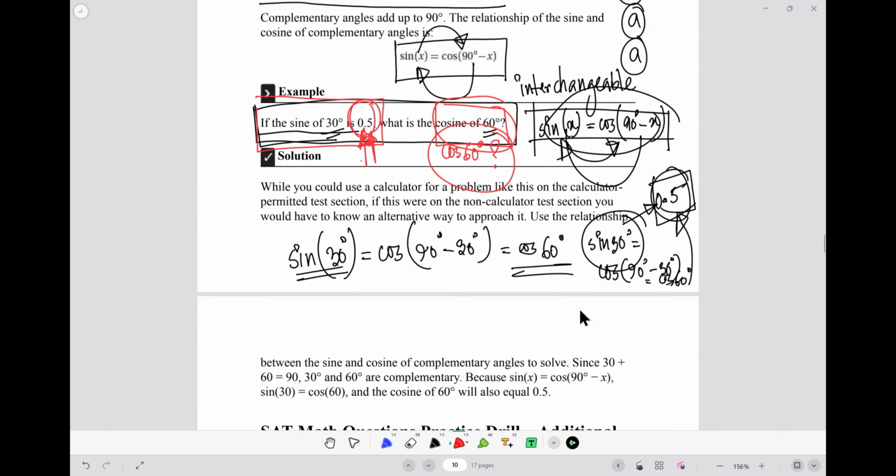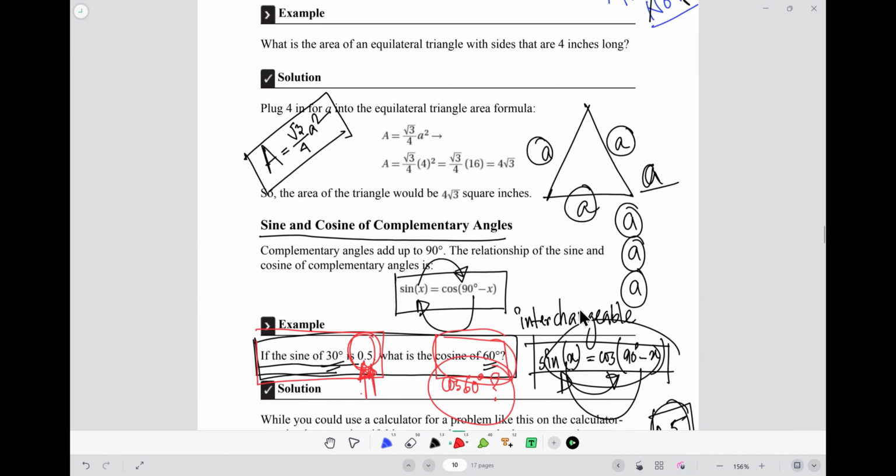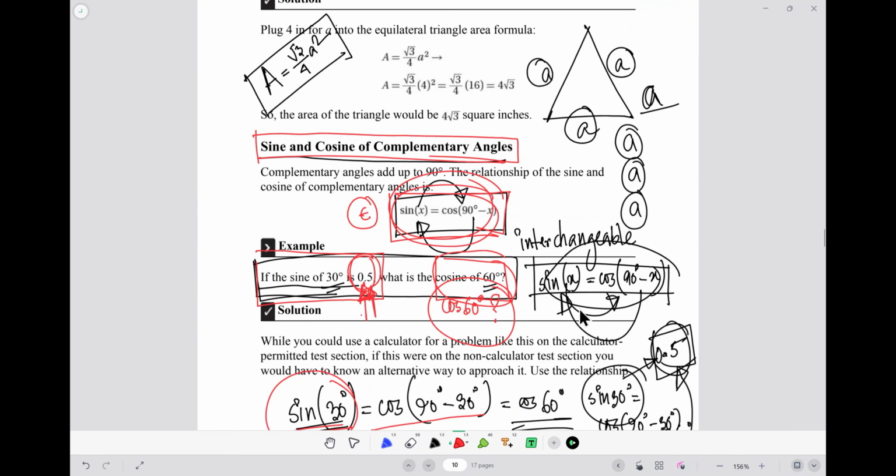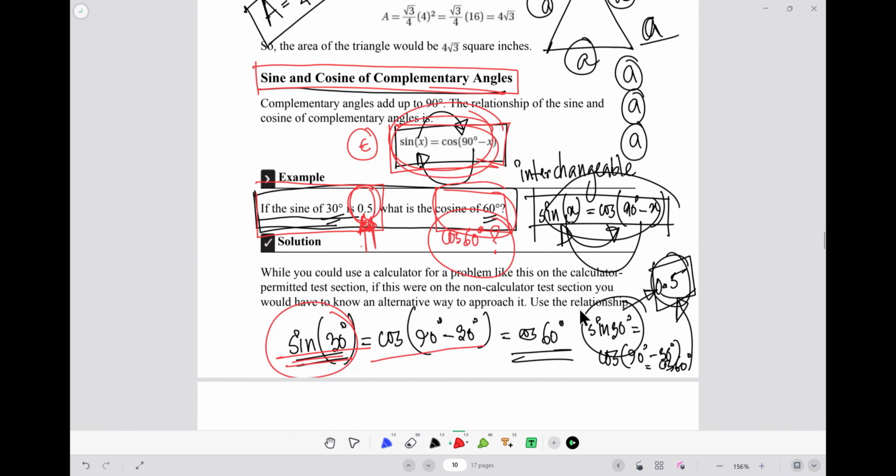So we can write that sine 30 degrees is equal to cosine of 90 degrees minus 30 degrees. How can I write that? Because we know this law, the law of sine and cosine of complementary angles. From this law, sine of x is equal to cosine of 90 degrees minus x.